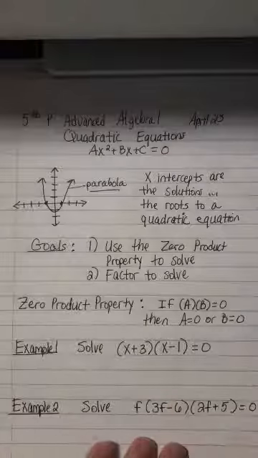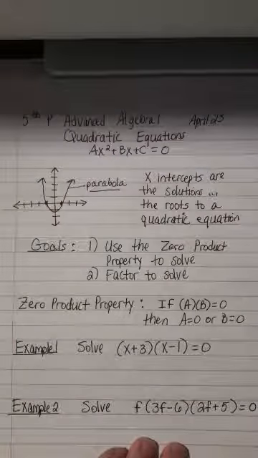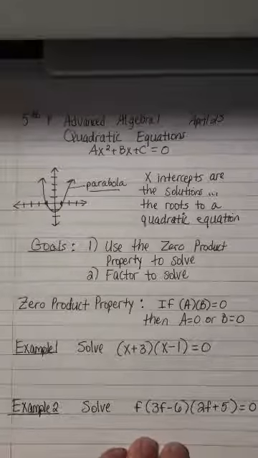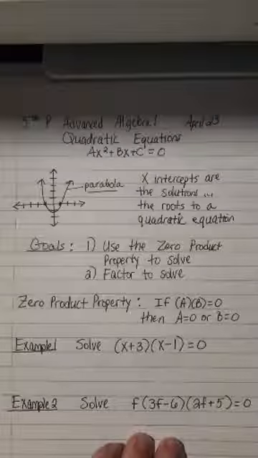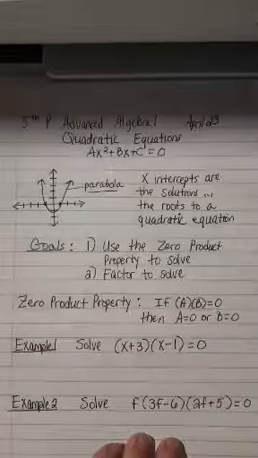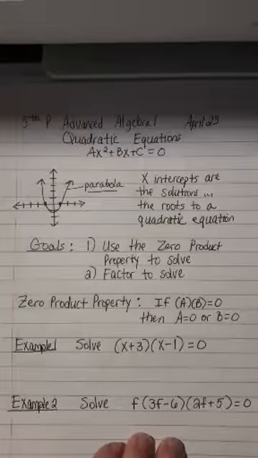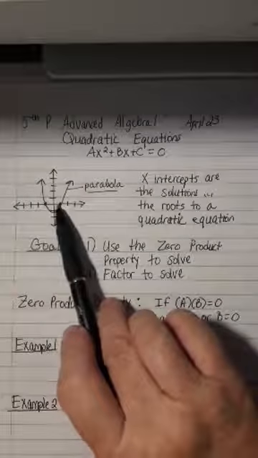What we're going to be doing for the next several lessons is looking at how to find those. There are different methods to solve. I don't know if you've ever heard of the quadratic formula. It's a really big concept in algebra. The quadratic formula is used to find the solutions in your quadratic equation, which would be your x-intercepts.